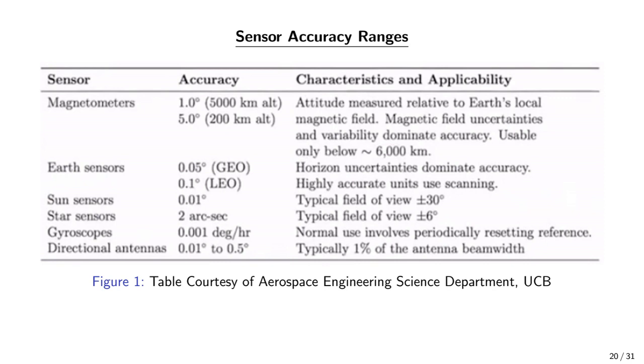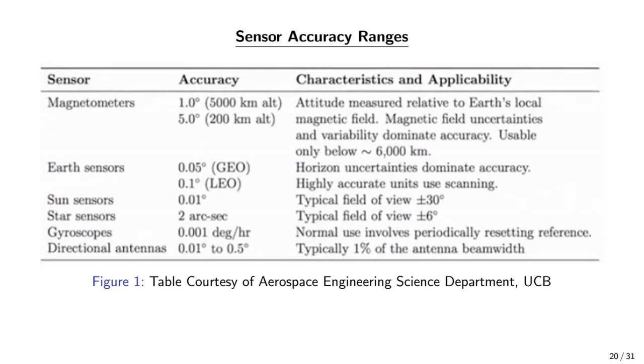When you're on the low earth orbit, it's 0.1 degrees. And then you have your sun sensors. It goes 0.01 degrees. That's amazing. And then your star sensors is 2 arcseconds.